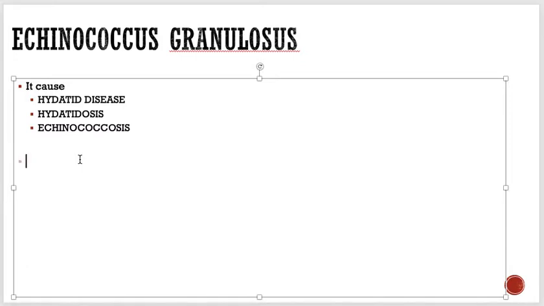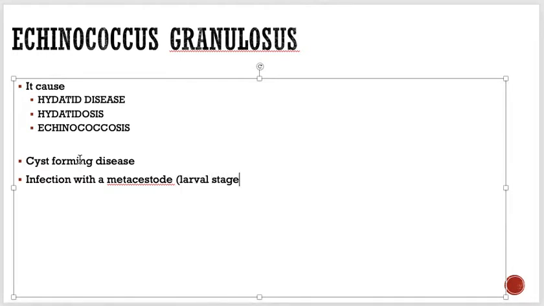So as you can see, it causes hydatid cyst. Simply, it's a cyst forming disease. It is caused when there is infection with the metacestode, or you can say the other name for the larval stage of this organism.